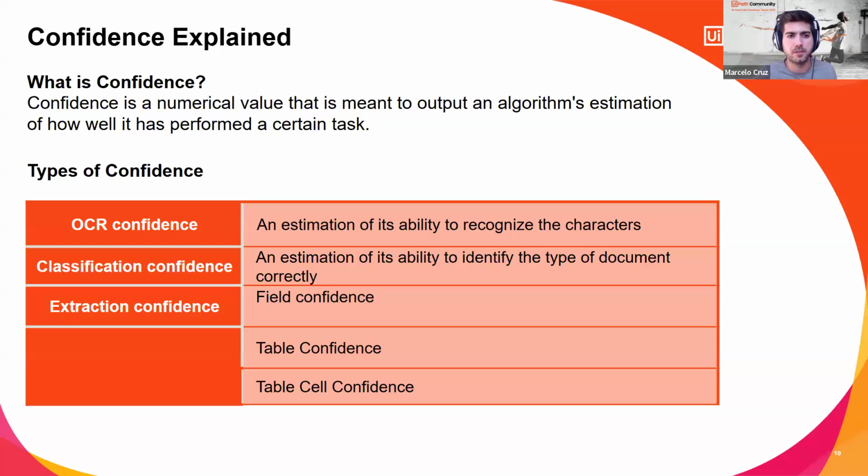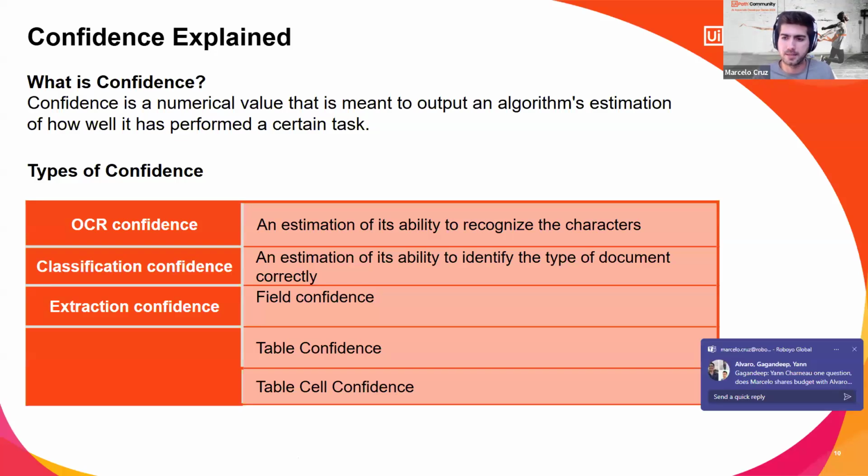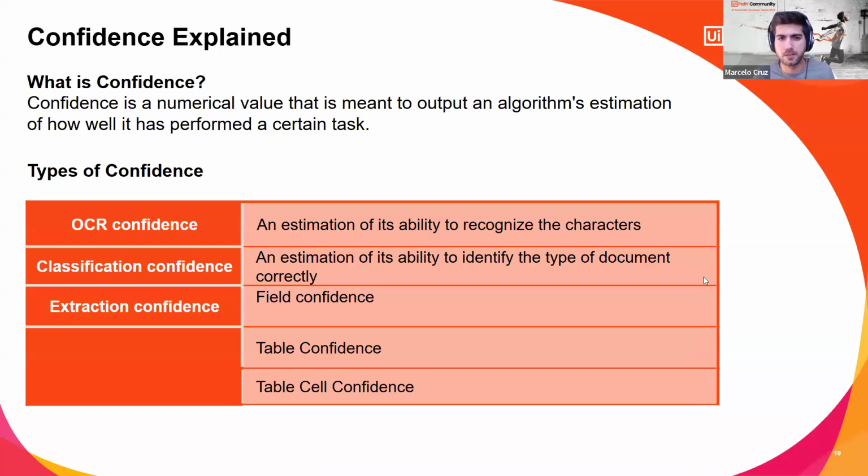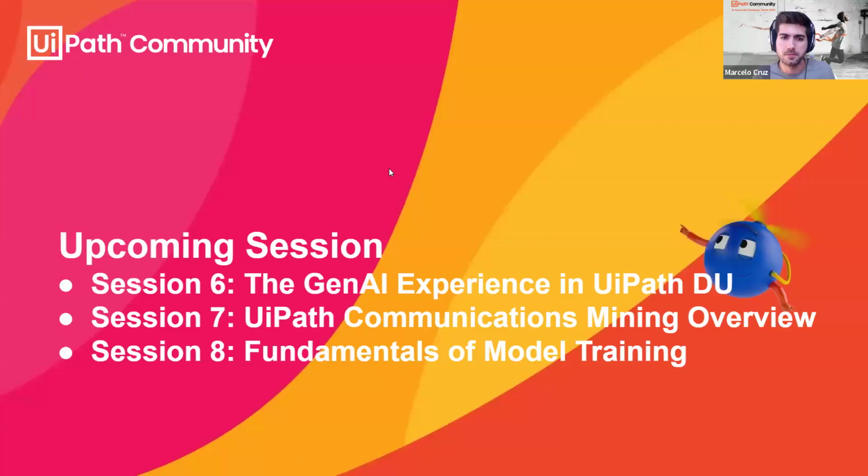And then for the machine learning classifier, for example, we can have another confidence. So we can set up confidence for different fields. And well, that's basically it.